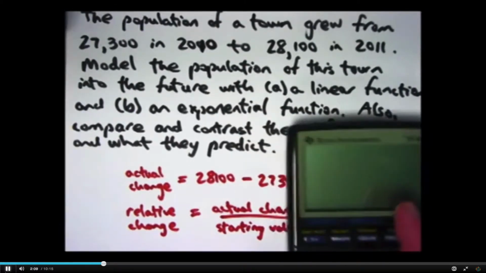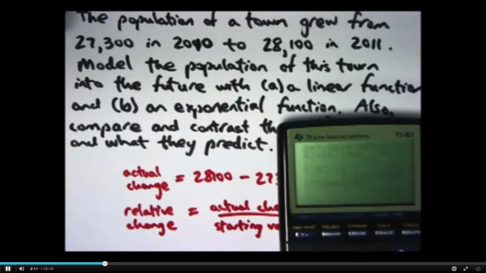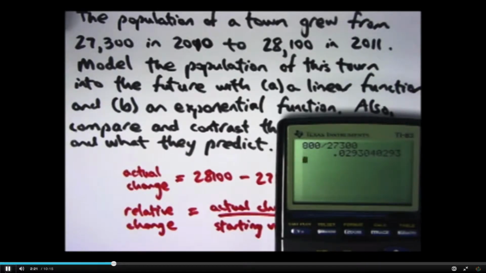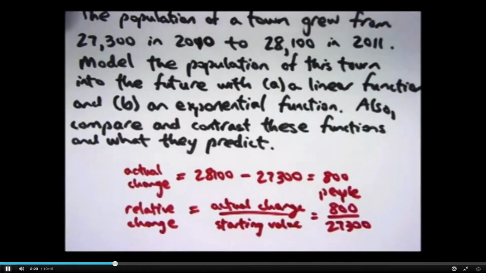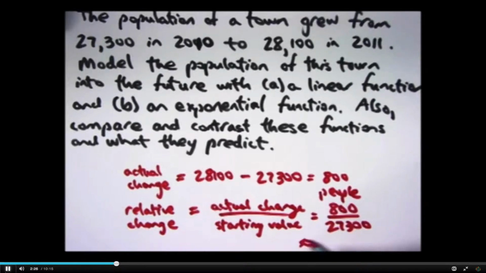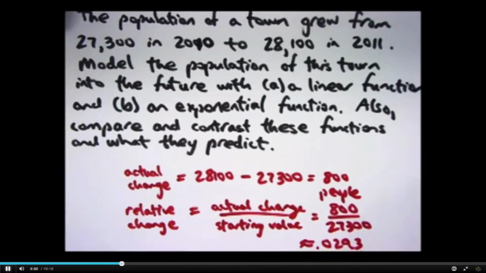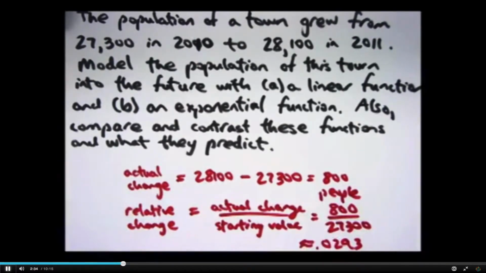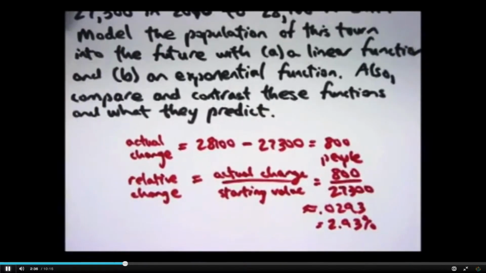I'll do it here too. 800 divided by 27,300. About 2.93%. I'll go ahead and round it right now. 0.0293. 2.93% was the relative growth, the growth as a percentage from 2010 to 2011.